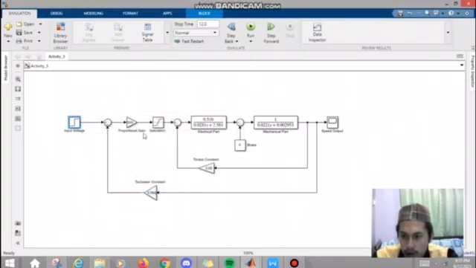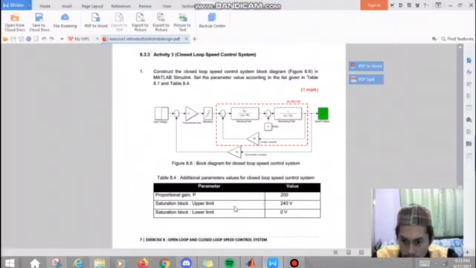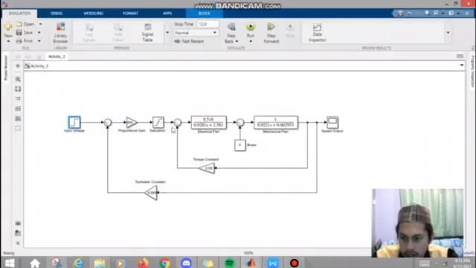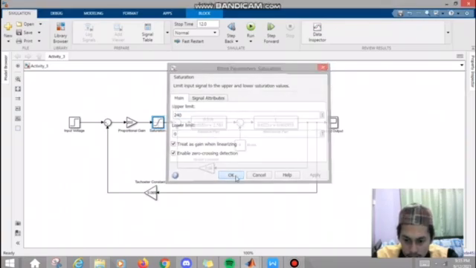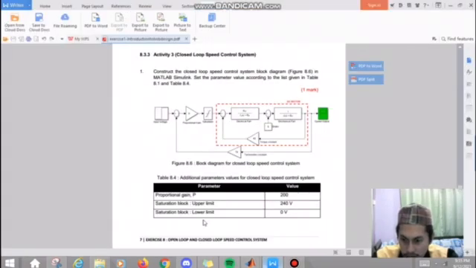We set the proportional gain to 200, and the saturation to 240, so the upper limit is 240 and the lower limit is 0 volt.